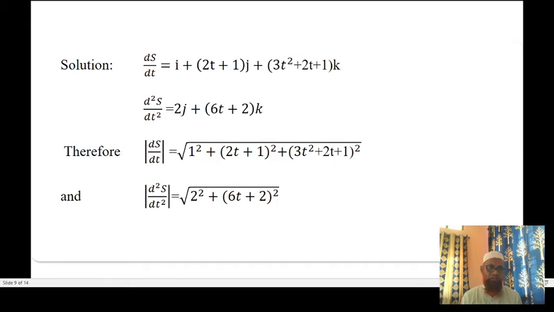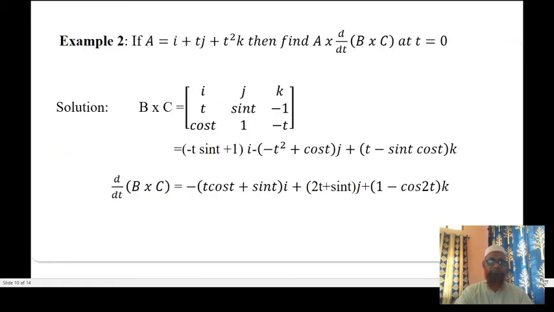And mod of d square s by dt square is equal to the square root of the sum of squares of the coefficients of i, j, k. So there is no i term, so directly j: coefficient of j is 2, k is 6t plus 2. So square root of 2 square plus (6t plus 2) whole square.